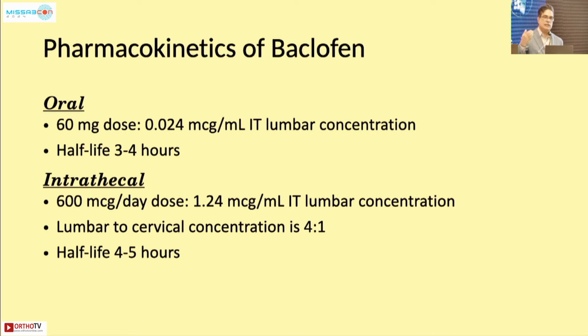And the concentration is graded, it's a 4:1 ratio, 4 in the lower and 1 in the cervical region. And that's good because we don't want equal distribution, because the higher it goes into the medulla brainstem, that's where the patient can get side effects like respiratory depression.